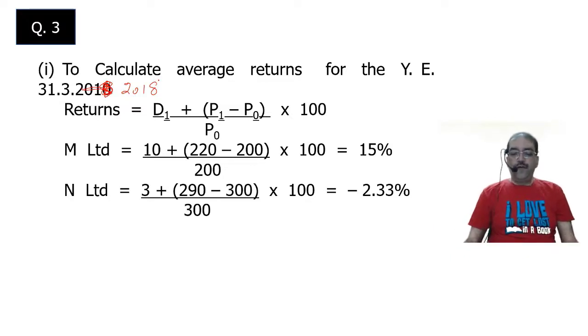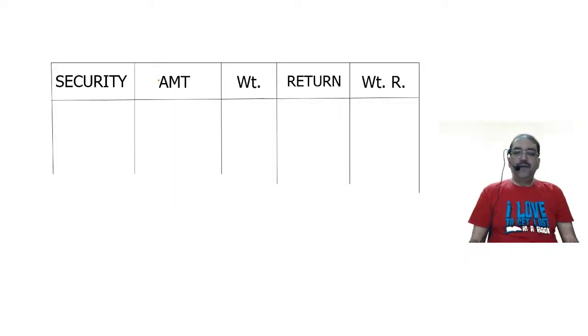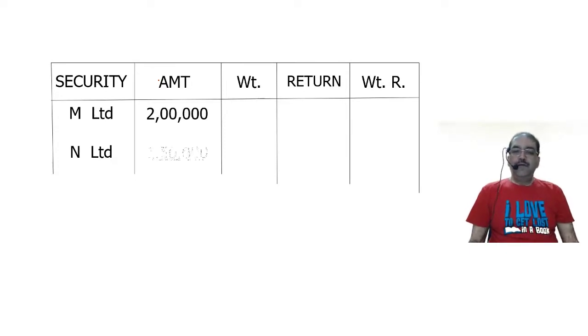So for the first one, you get 15%. For the second one, you get minus 2.33%. Now we'll prepare the table: security, amount, weight, returns, weighted returns. Two securities, M Limited and N Limited. Amount of investment that we have done, 2,00,000 and 1,50,000.